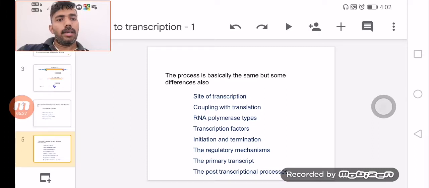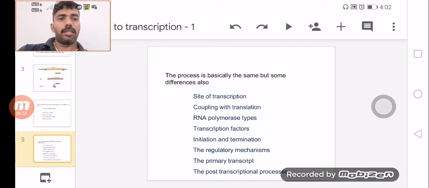Then the mechanism of transcription also differs between these two types of organisms. That means the initiation and termination processes show differences. You can also see differences in the regulatory mechanisms.